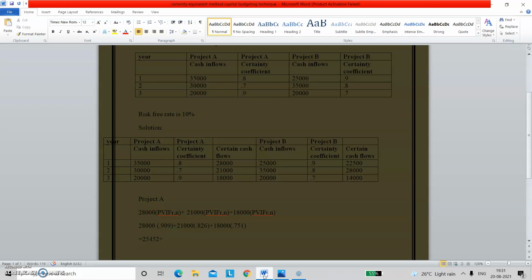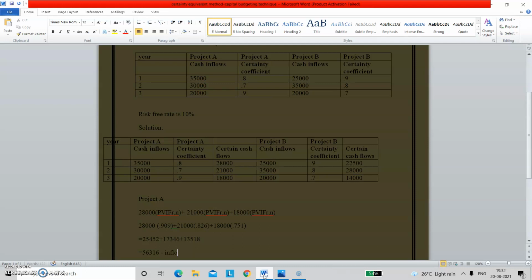Then 21,000 multiplied by 0.826, this is 17,346. Right, and for the third the value will be 13,518, right? And this gives me the sum of 56,316.